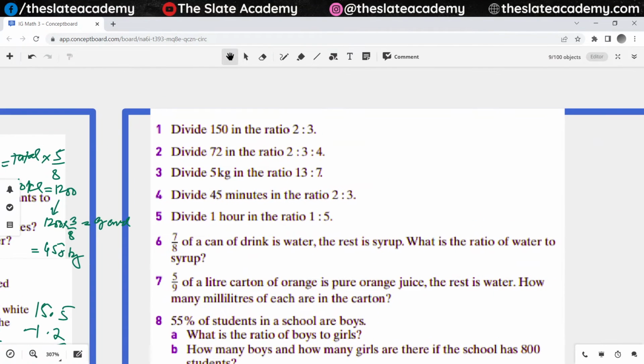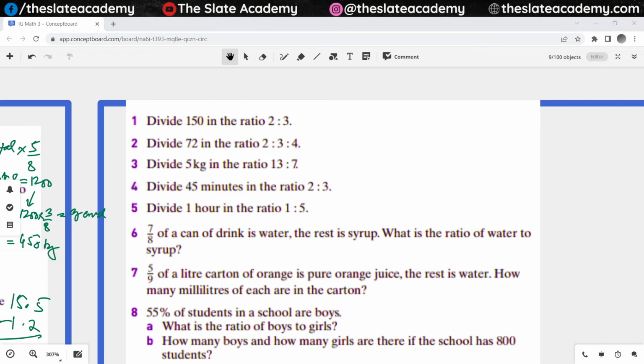Acha ji, divide 150 in ratio 2 to 3. Quickly your answers. 25 what? 25 and 2.